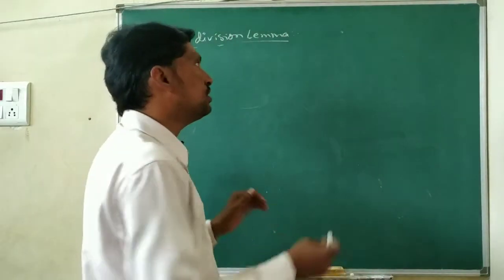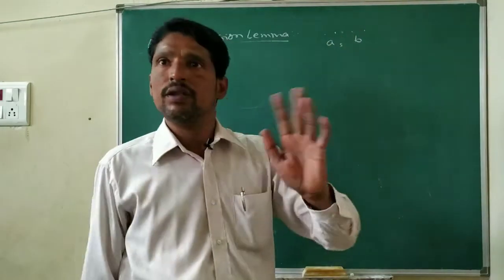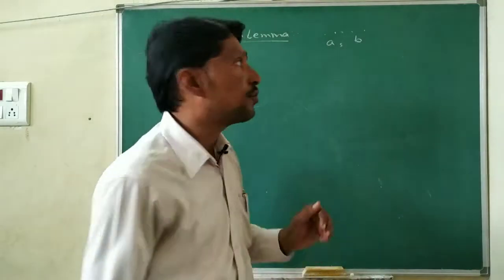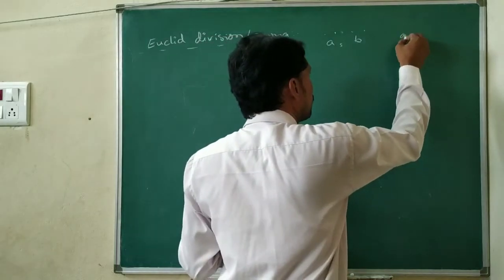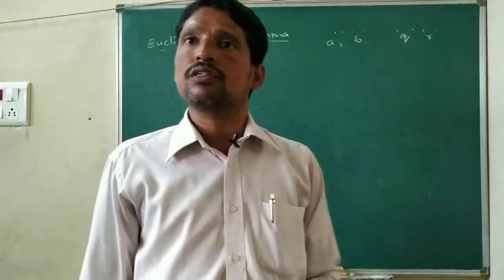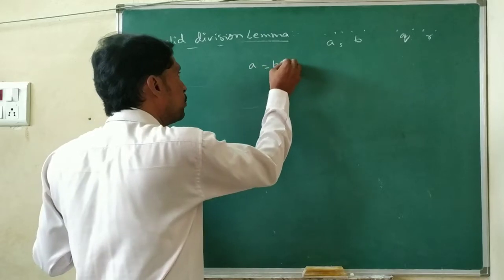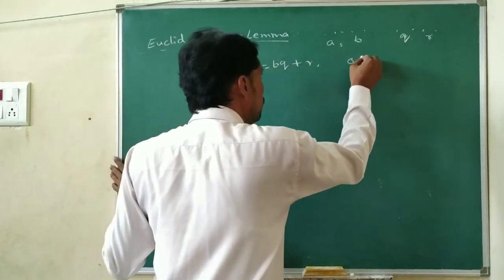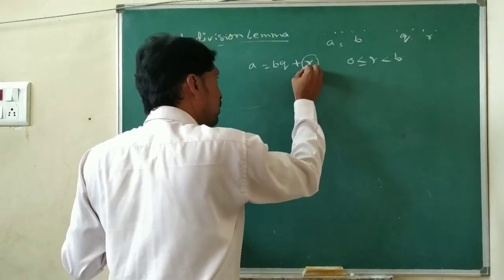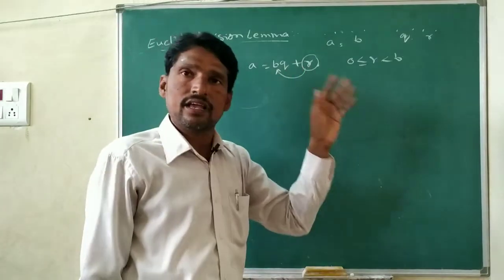Given positive integers a and b, there exists a unique pair of integers q and r satisfying a equal to bq plus r, where 0 less than or equal to r less than b. This remainder r value is always less than b.